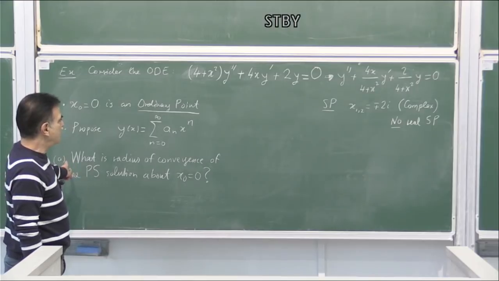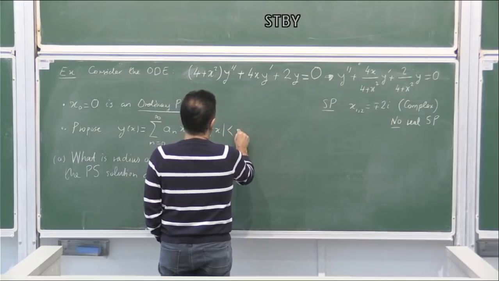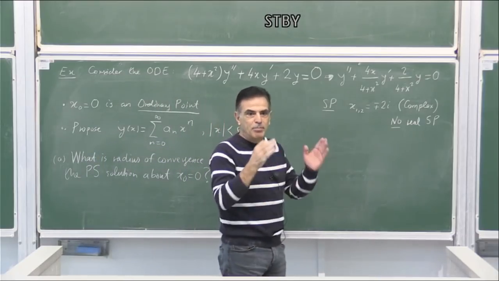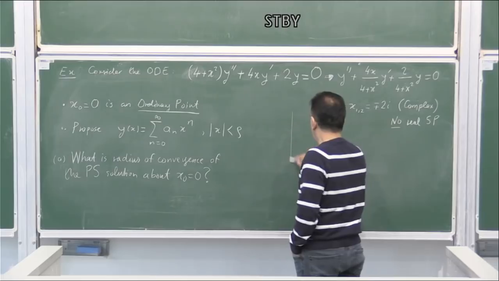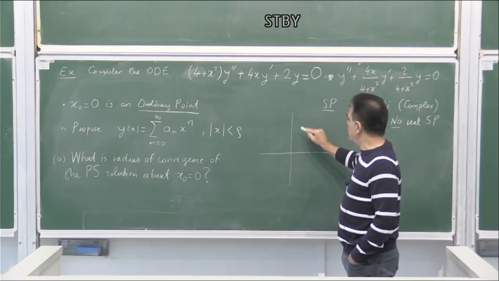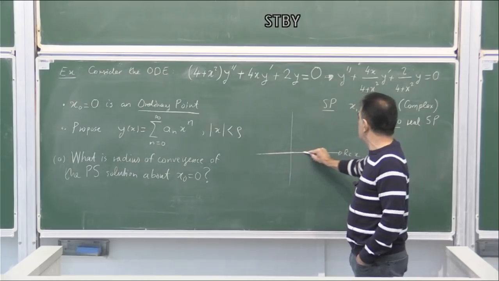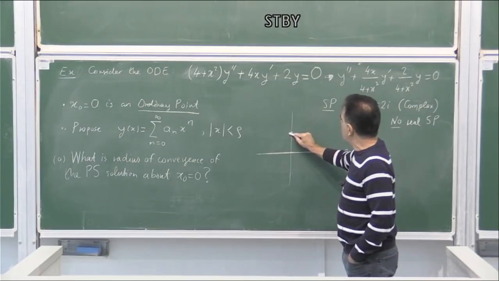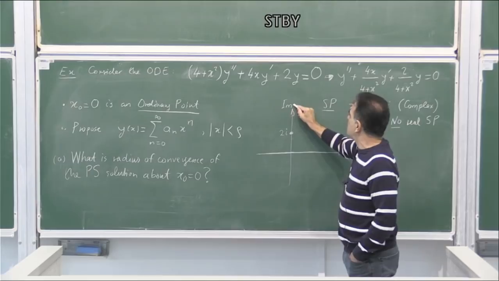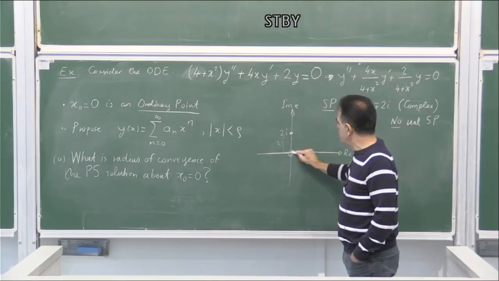We can answer this question without any trouble. Remember that we know there is a non-zero radius of convergence, and it is nice to make a picture showing the singular points using the complex x plane. So real x on the x-axis, and complex singularities somewhere here on imaginary x. This distance is 2 units from the origin.